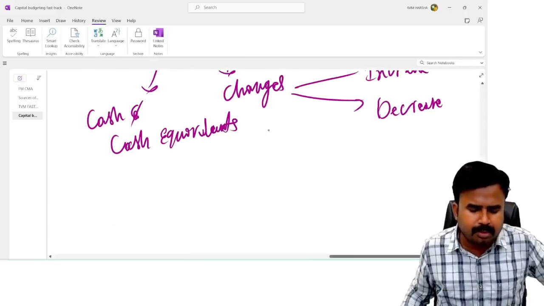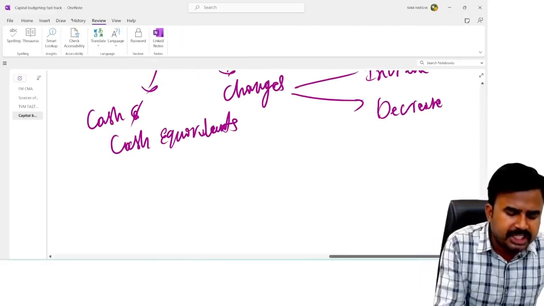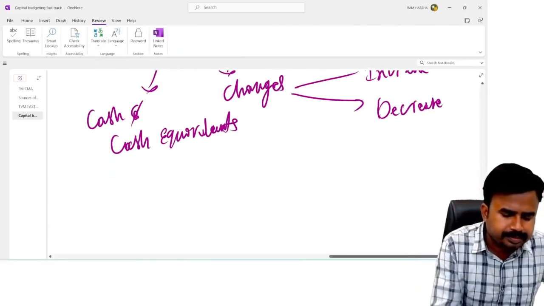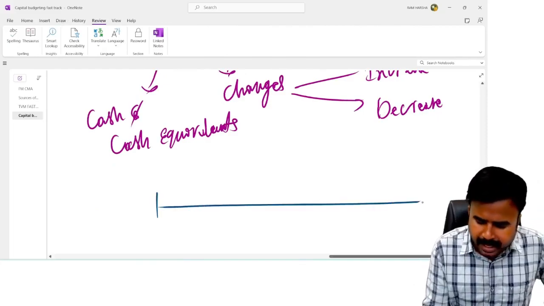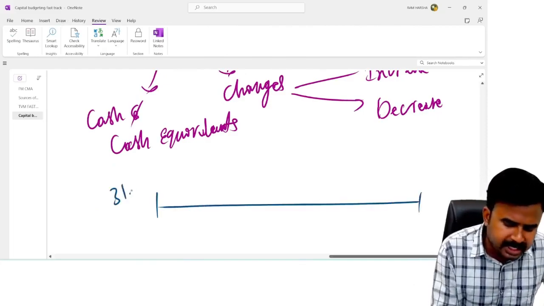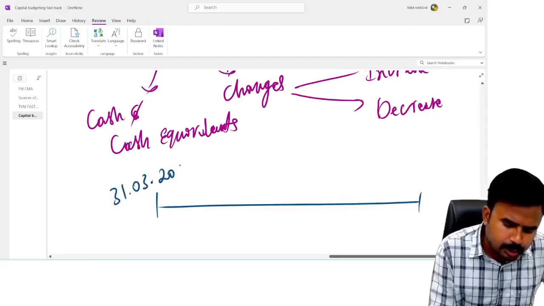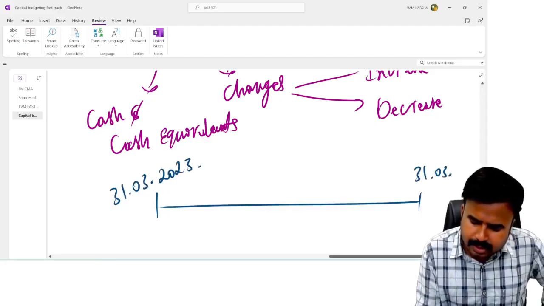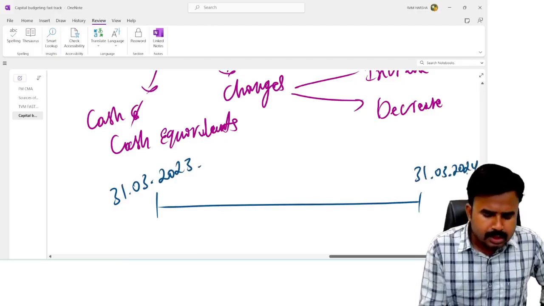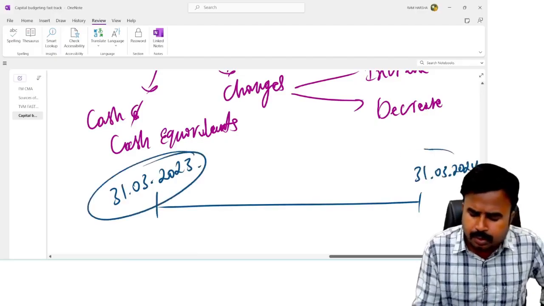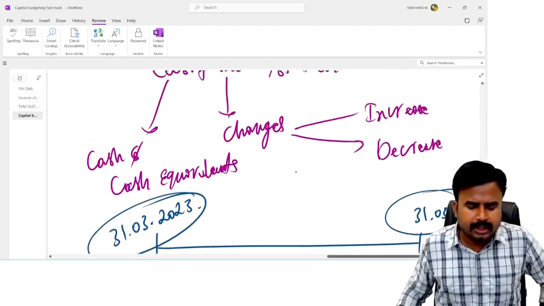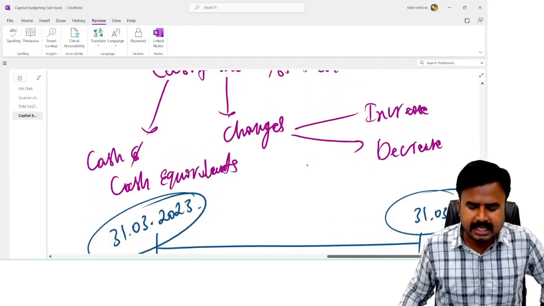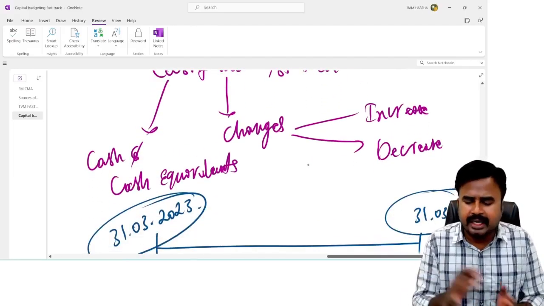So the discussion is about one financial year actually. So from one balance sheet date to another balance sheet date, say 31st March 2023 to 31st March 2024, how the cash is flowing, how the cash is changing, whether it is increasing or decreasing.